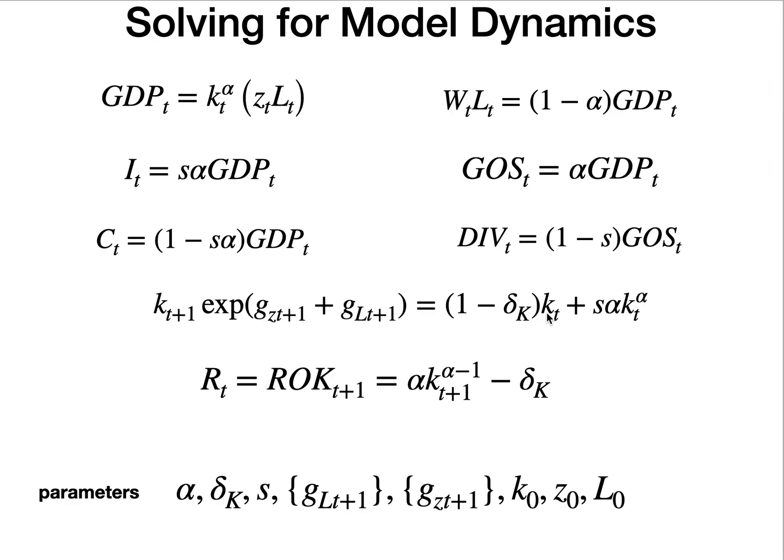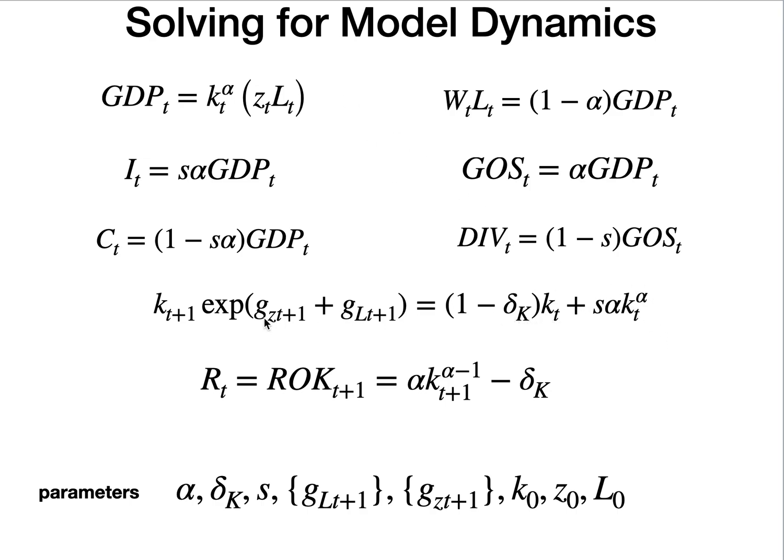And what I've done here is I've already substituted in for what investment is. This is investment, but I've already substituted in that investment is this fraction of GDP, S alpha GDP, and the GDP is given by this. And since this equation is the capital transition equation divided by the amount of effective labor, I get this expression.